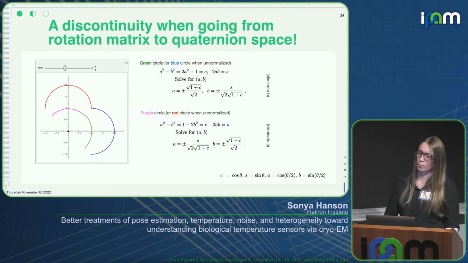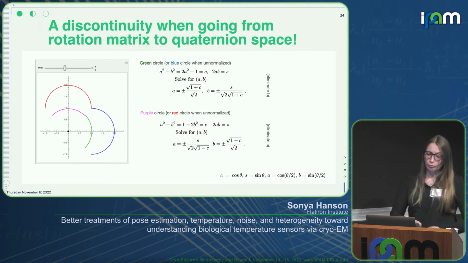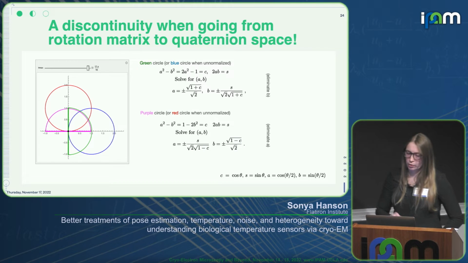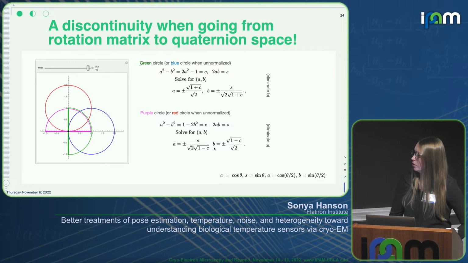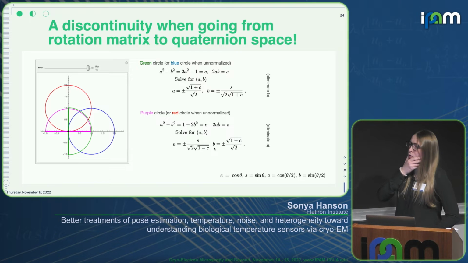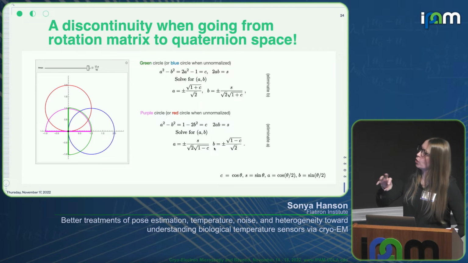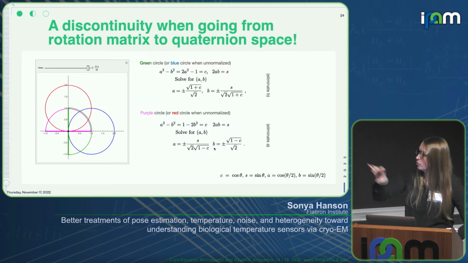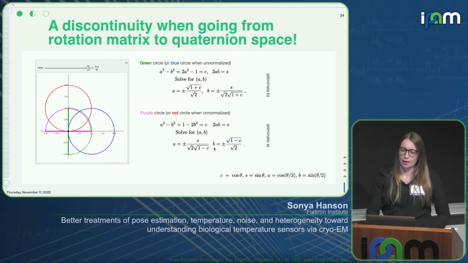This means that you end up dividing by 0, where cosine theta is -1, or where cosine theta is 1, in this case down here. So if you work in quaternion space to go from some xy set of points to your quaternions, you possibly end up going through this discontinuity.